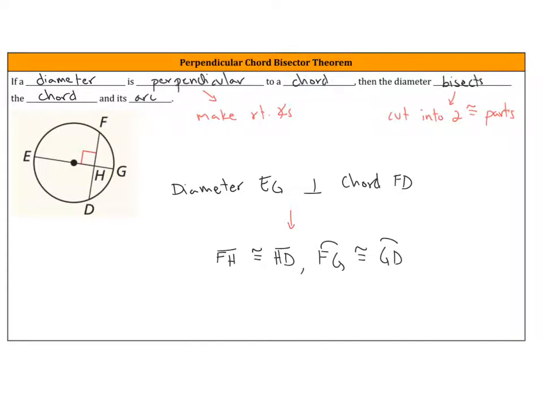So that's what we're allowed to conclude from this theorem. If we see in the picture that we have a diameter and it makes a right angle or is perpendicular to a chord, then it bisects this chord into two congruent parts, and it also bisects the arc into two congruent parts as well.